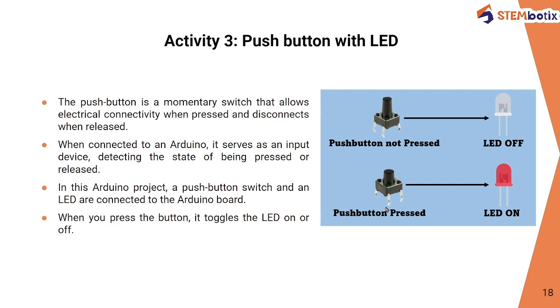When it is pressed, the connected device will turn on. When it is released, the connected device will turn off. In this Arduino project, a push button switch and an LED are connected to the Arduino board. When you press the button, it turns the LED on, and when you release the button, it will turn off the LED connected to it.